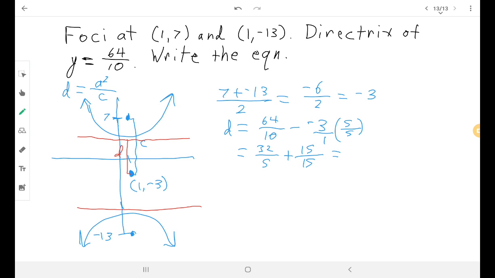Giving me a distance of 32 plus 15, which is 47 over 5, right? So that's my d distance.